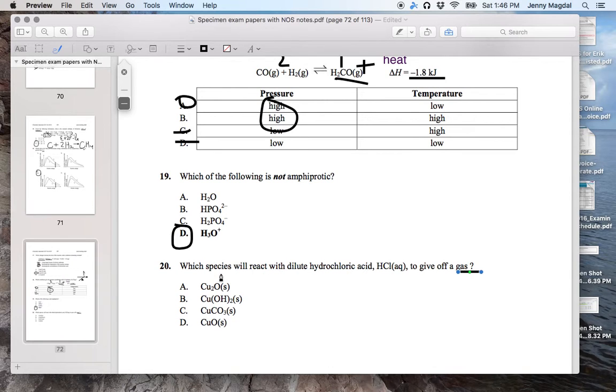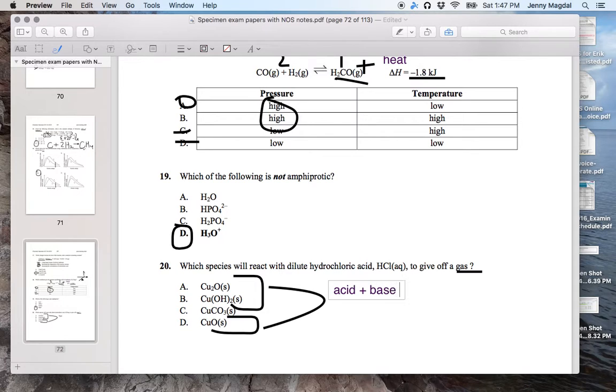Looking at these, we've got three that are similar. A, B, and D are all dealing with an acid plus a base that's either an oxide or a hydroxide.